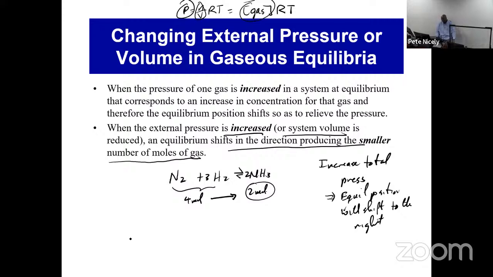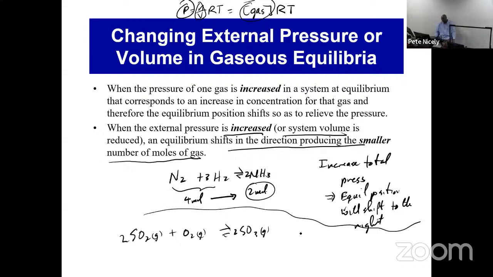Okay, so let's say, for example, I'm trying to think of a good example. Let's say you're given SO2 gas plus O2 gas to give SO3 gas. To balance this, we need a 2 here and a 2 here. I'm just going to draw a line to separate these two.